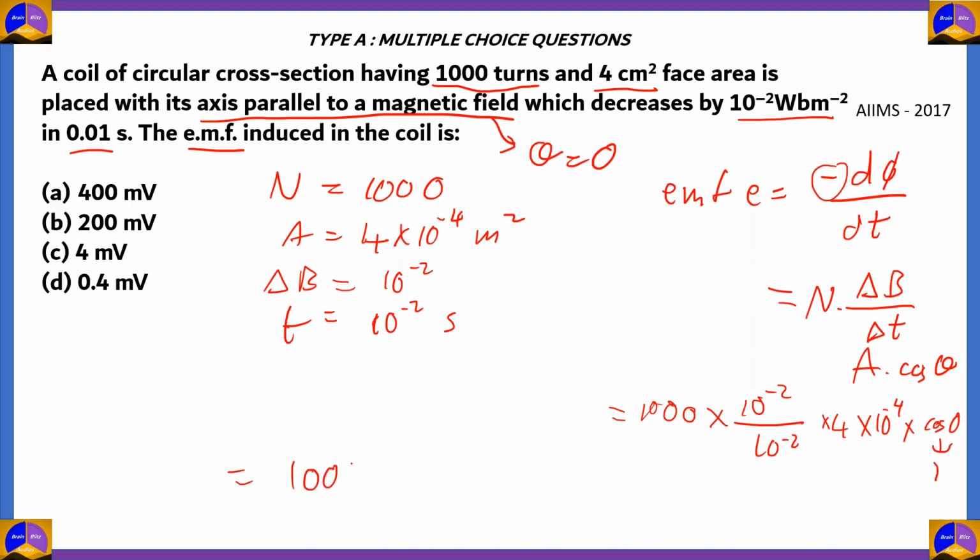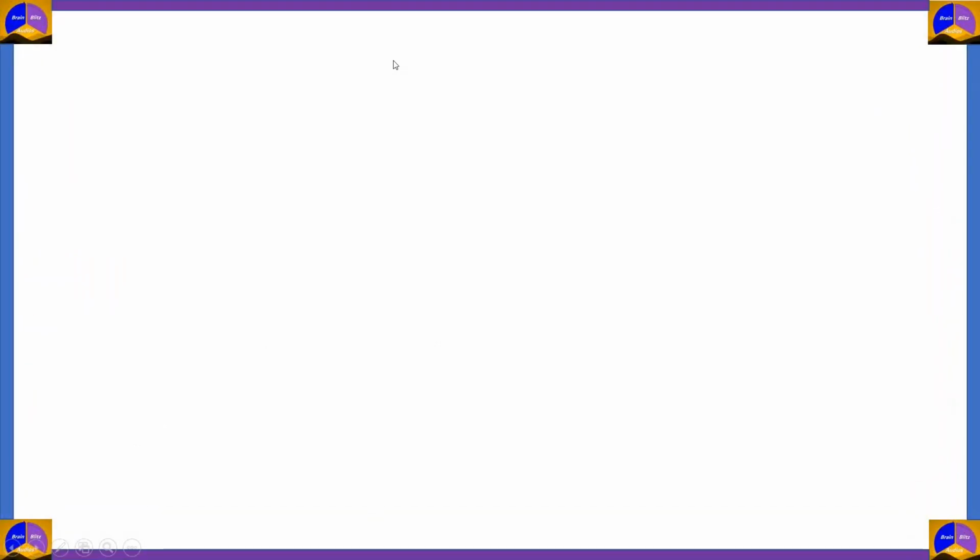So therefore we'll have 1,000 times 4 into 10 raised to minus 4. So 1,000 is 10 raised to 3, not 10 raised to minus 3. So we'll have 10 raised to 3 minus 4. That'll be 10 raised to minus 1. So therefore, the value of EMF is equal to 4 times 10 raised to minus 1 volts.